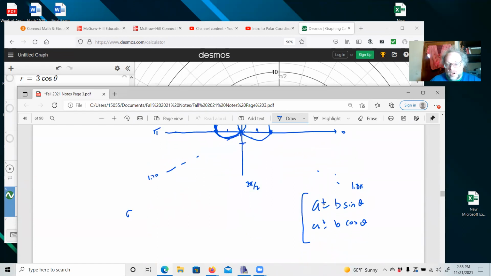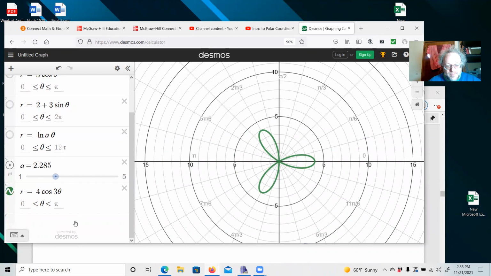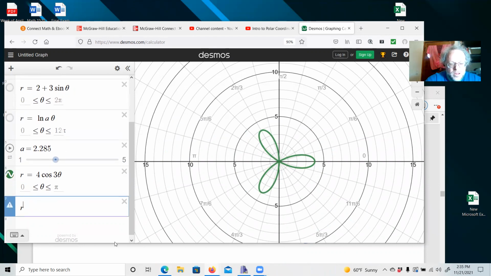There's one that looks like r squared is equal to sine squared theta. Let me show you that. It's another propeller-type looking thing.